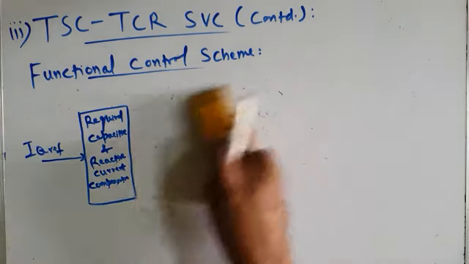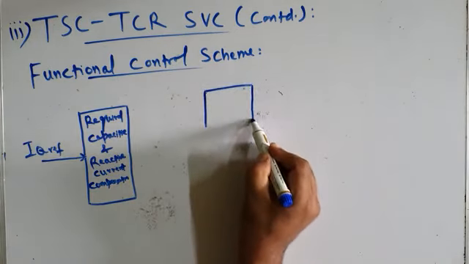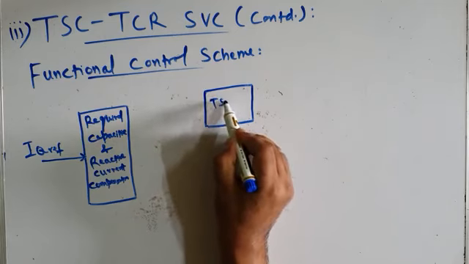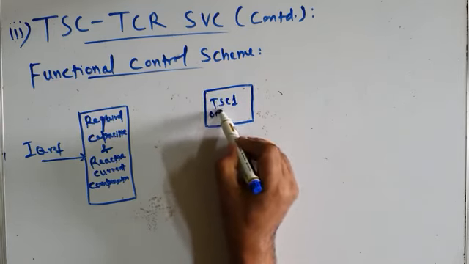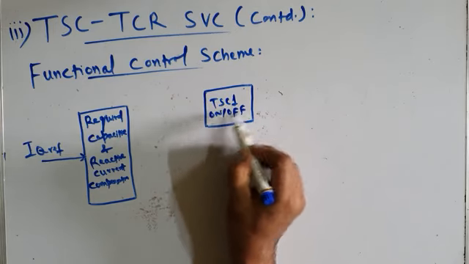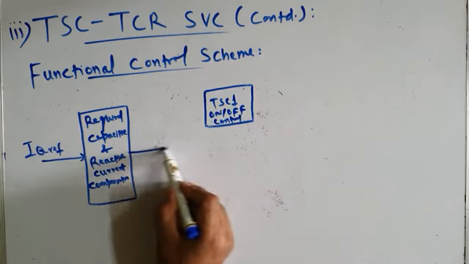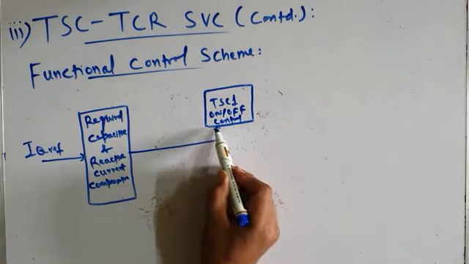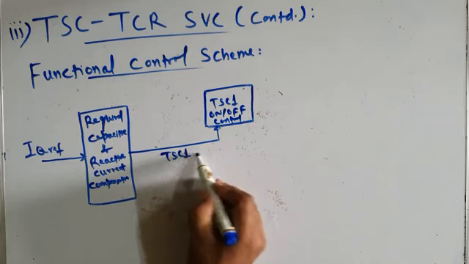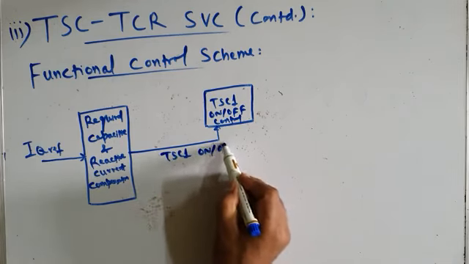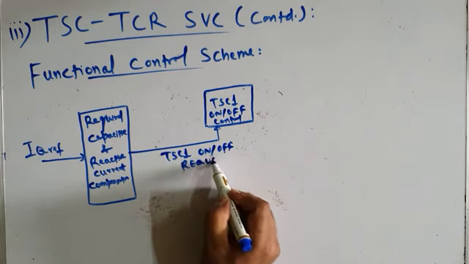Let me draw it again. DSC 1 On-Off Control. Now a request for DSC1 on-off will come from this block. This is the DSC1 on-off request, which will come from this block.